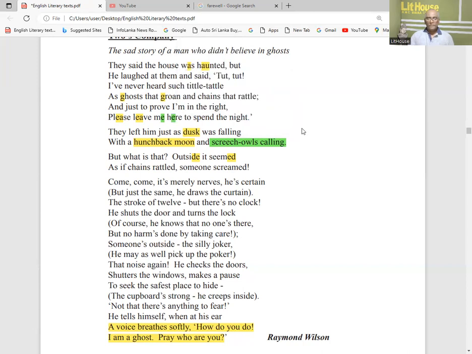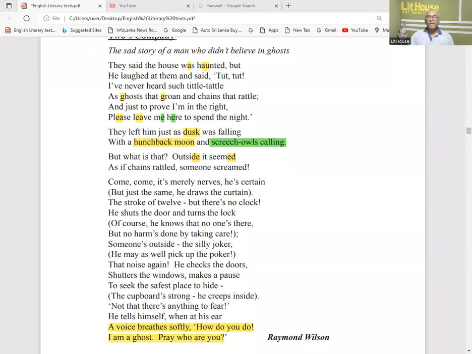Right. Assonance. Then other technique. Onomatopoeia.